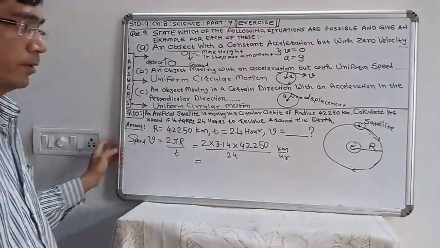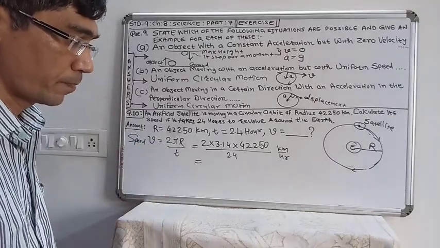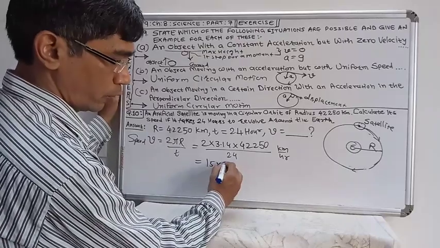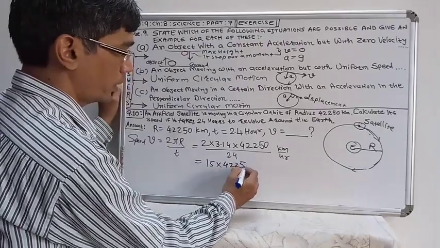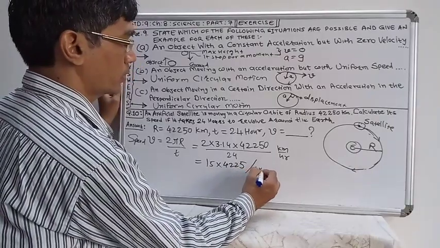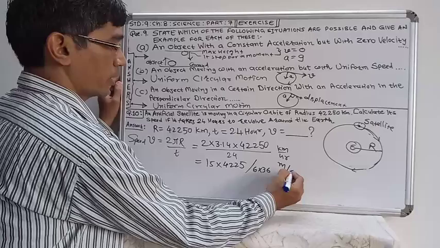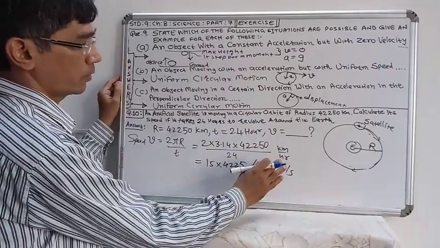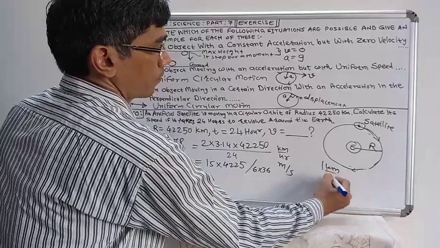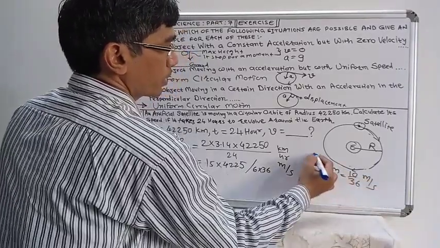By simplifying it, we get the answer, that is equal to 15 into 4225 upon 6 into 36 meter per second. This we can convert by taking 1 kilometer per hour is equal to 10 by 36 meter per second.